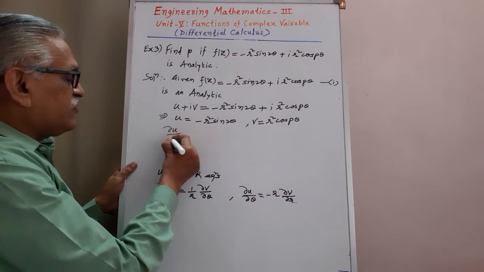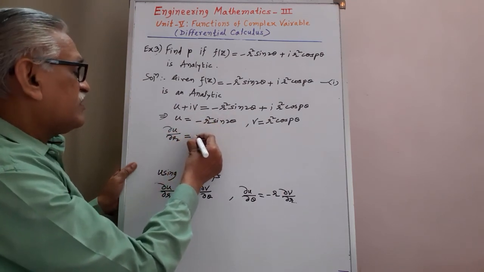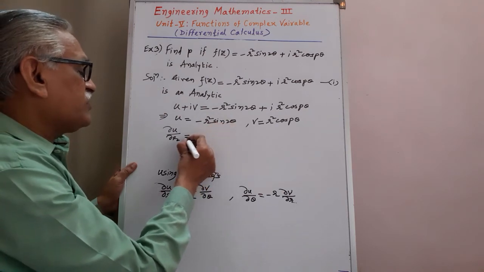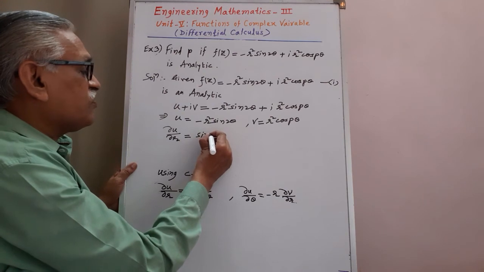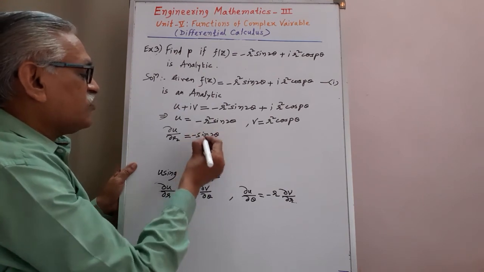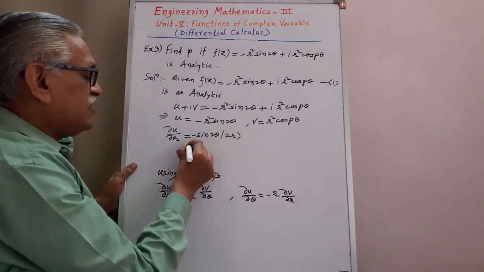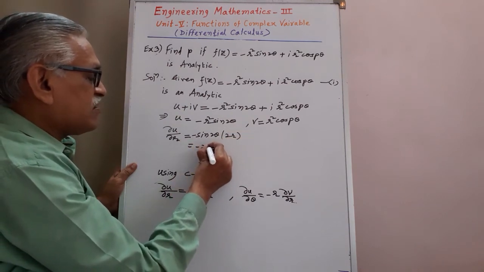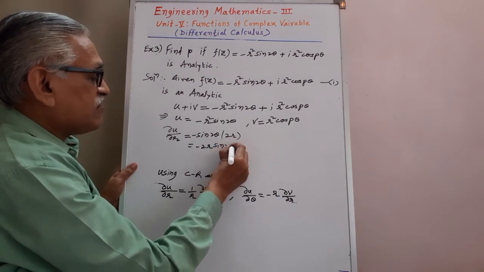Therefore, differentiating it with respect to r, keeping theta constant, sine 2 theta constant term, minus outside, and derivative of r square is 2r, and therefore it is minus 2r sine of 2 theta.